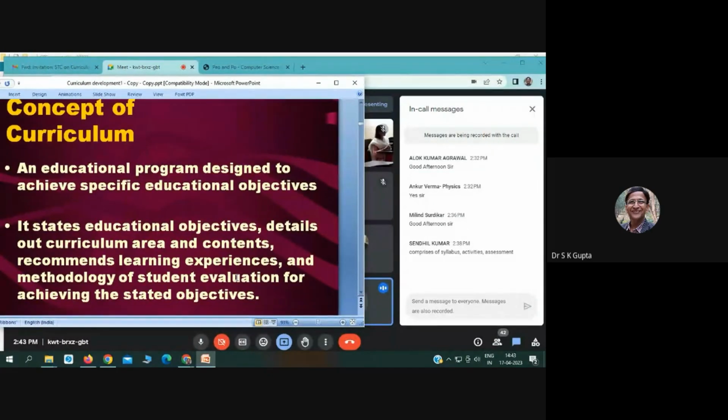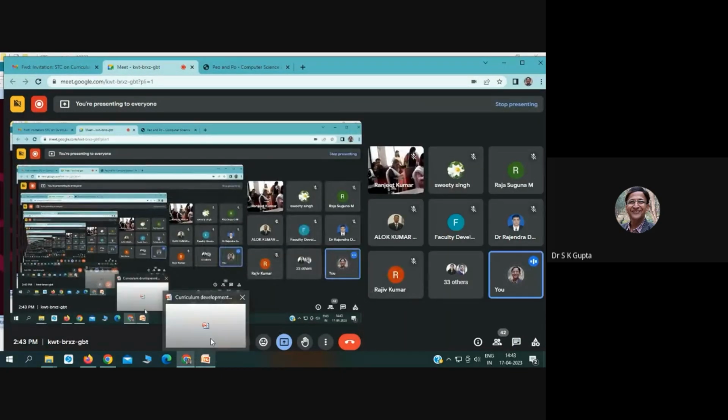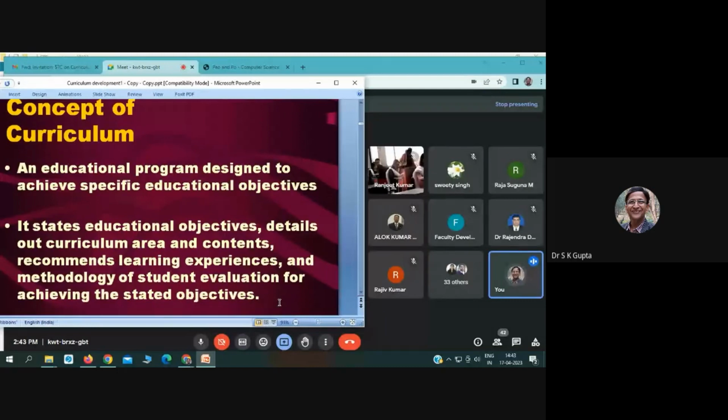Or we can say that it is a blueprint for our teaching learning process, or it is the heart of an institute, because without curriculum we cannot move ahead, because for everything we require our curriculum, where it is written in the curriculum.